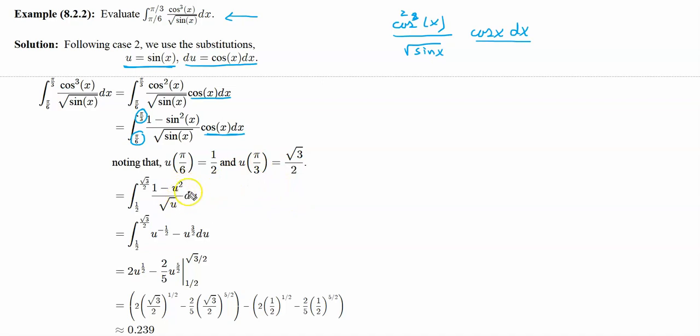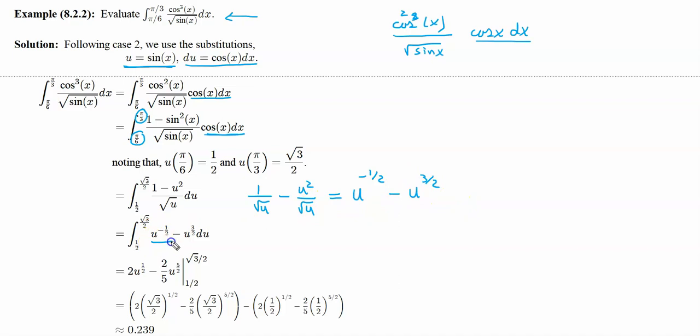Now what we can do is evaluate this by breaking up this fraction, writing it as 1 over the square root of u minus u squared over the square root of u. And you notice that that is u to the negative 1/2 minus u to the 3/2, right? Okay, 2 minus 1/2 is the 3/2.